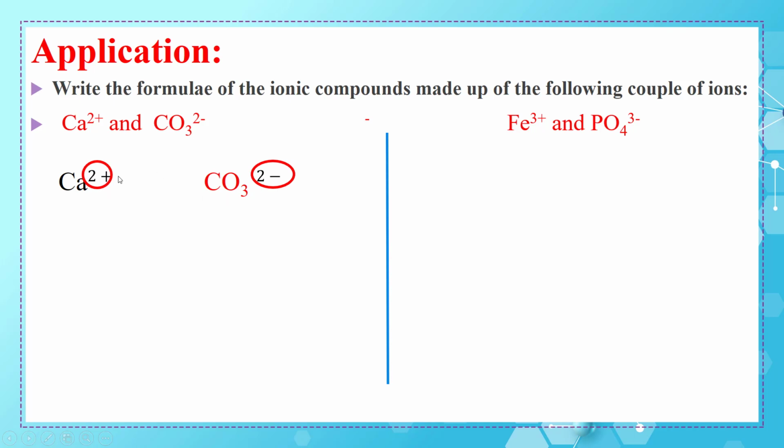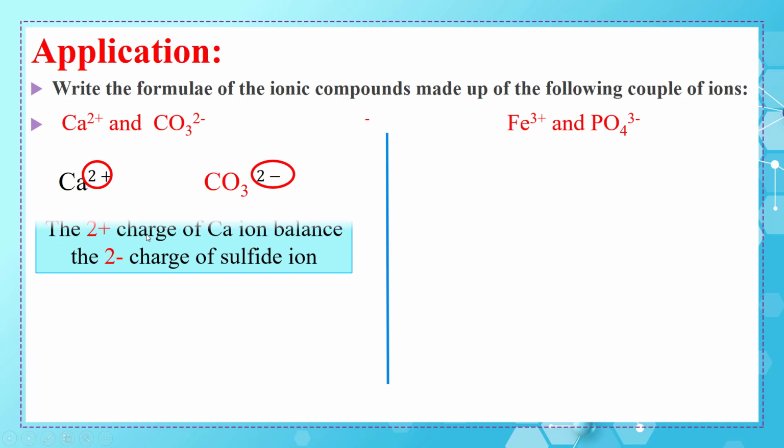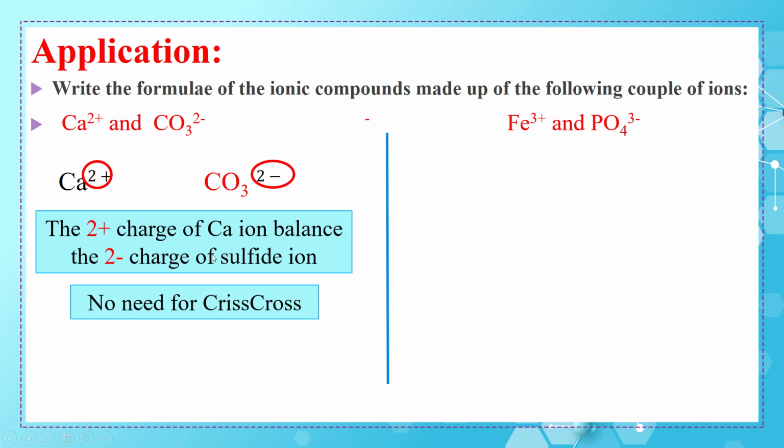Here there is no need to make the criss-cross because we can cancel the 2 plus with the 2 minus. So the 2 plus charge of Ca ion can balance the 2 minus charge of carbonate ion. So no need for a criss-cross. The ionic compound becomes CaCO3.